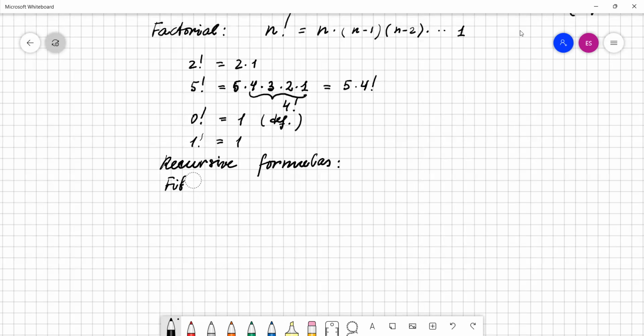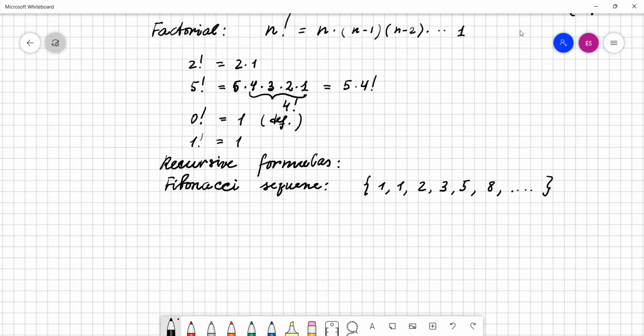Sorry, not 2b, but 2n. The Fibonacci sequence looks like this: 1, 1, 2, 3, 5, 8, and more numbers.